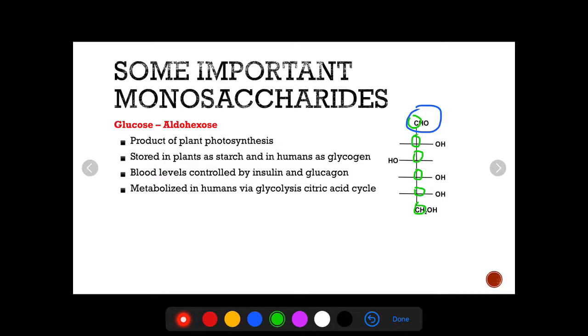It is a product of photosynthesis, and it's found in fruits and veggies and corn syrup and honey. It's stored in starch and glycogen, and it's a building block for some disaccharides and polysaccharides, and we're going to see that a little bit later when we look at those. Glucose level in blood is regulated by the hormones insulin and glucagon.